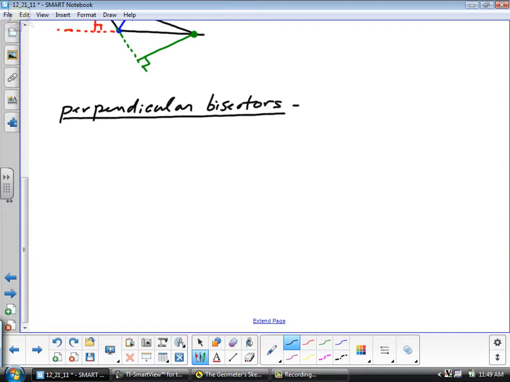A perpendicular bisector kind of tells what it does in its name. Perpendicular, 90-degree angle. Bisector, through a midpoint. So the perpendicular bisectors of the sides of a triangle will be perpendicular to this side through its midpoint.